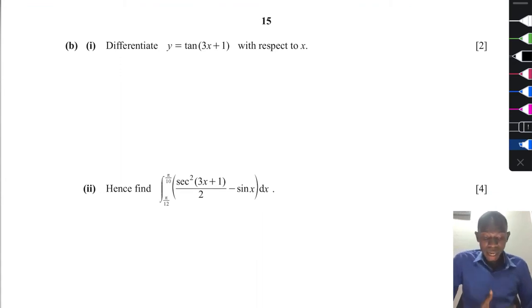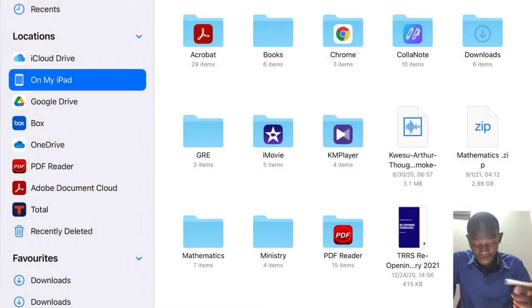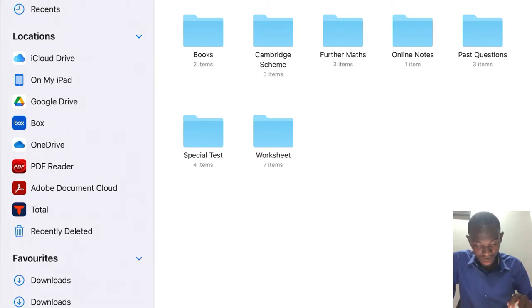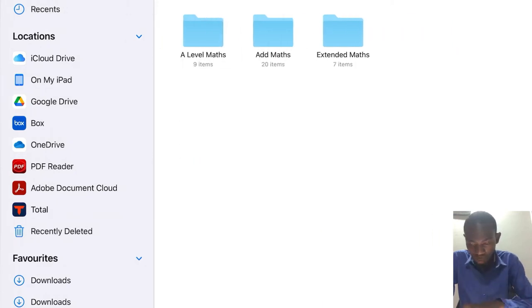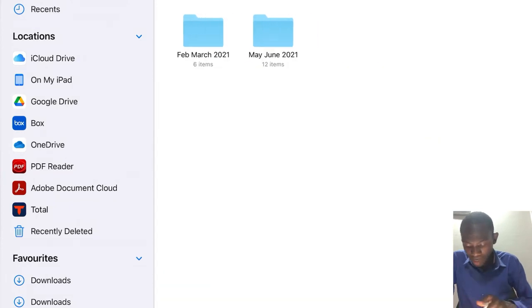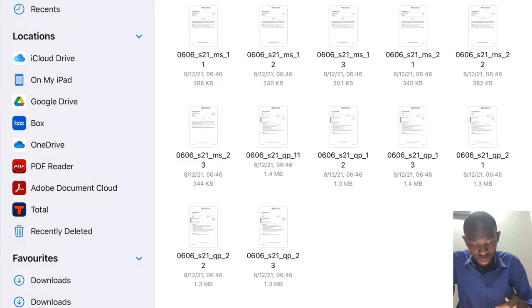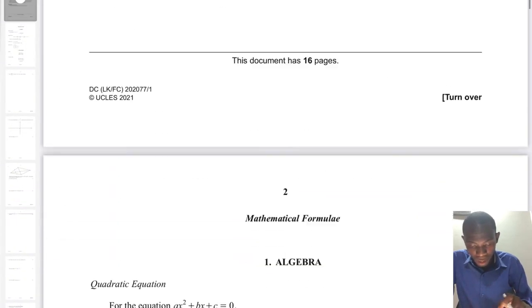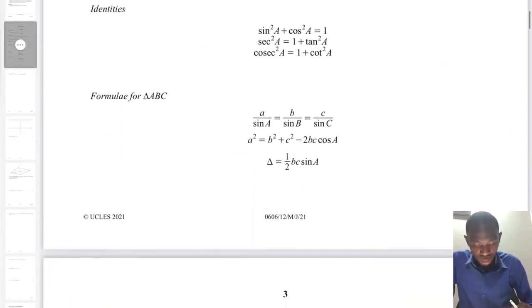Now B says to differentiate this particular thing. I'm not sure, but most of the time I think we have a formula sheet in the question. Let me check really quickly. Mathematics, past questions, add maths, maybe a current paper, May-June paper 2-1. I want to show you something.